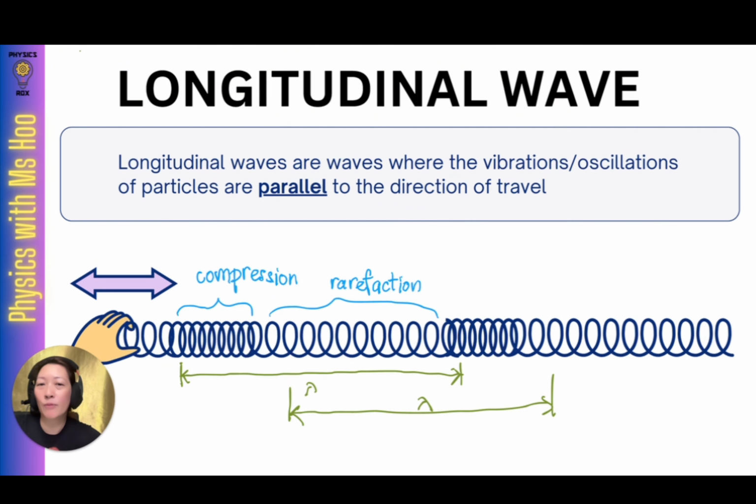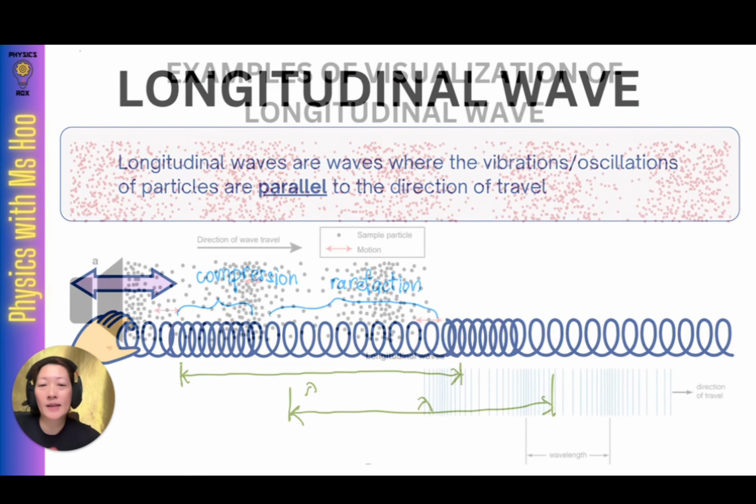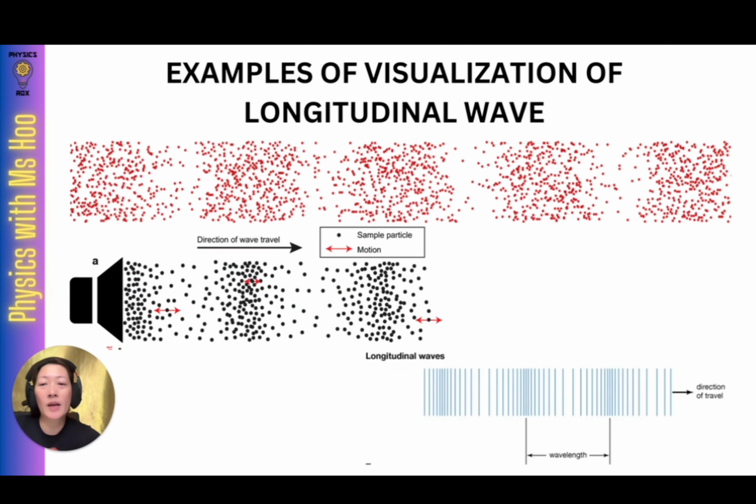Now, before we go to the wave graphs, let's look at a couple of examples of how longitudinal waves could be presented visually. So besides representing the longitudinal waves with a slinky spring like this, sometimes we represent it with dots or lines. So why we use dots is because we know that sound wave is a longitudinal wave. So these dots are normally used to represent the air particles that will be carrying the sound energy.